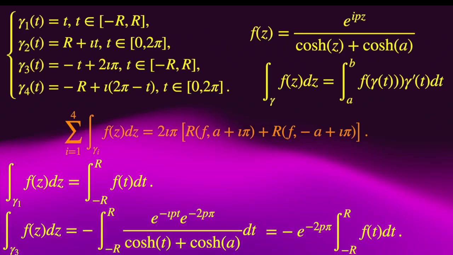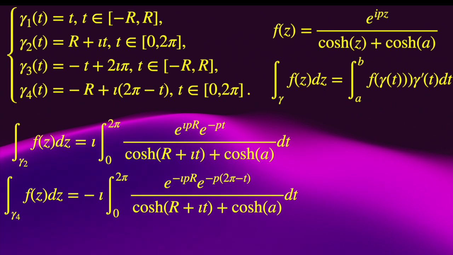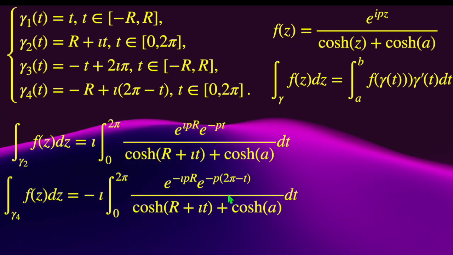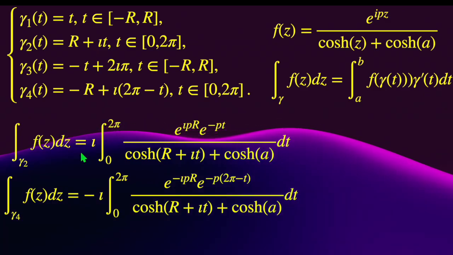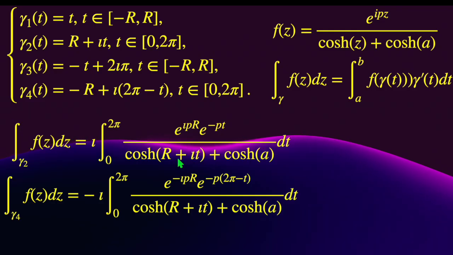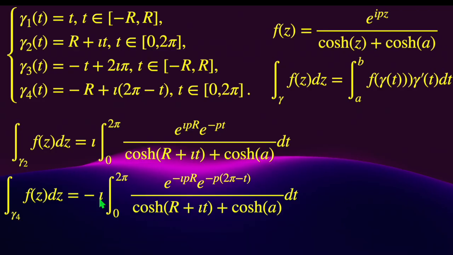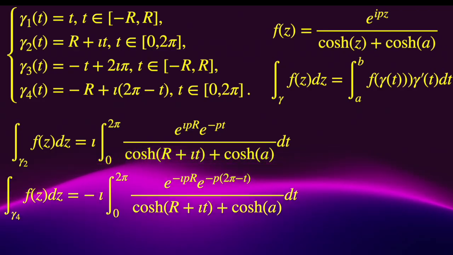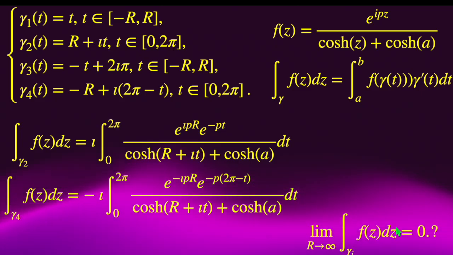Now for the other two complex integrals, gamma 2 and gamma 4, we replace by using this formula and we get this quantity. Now we will show that these two integrals go to 0 when R goes to infinity. So we will show this formula.